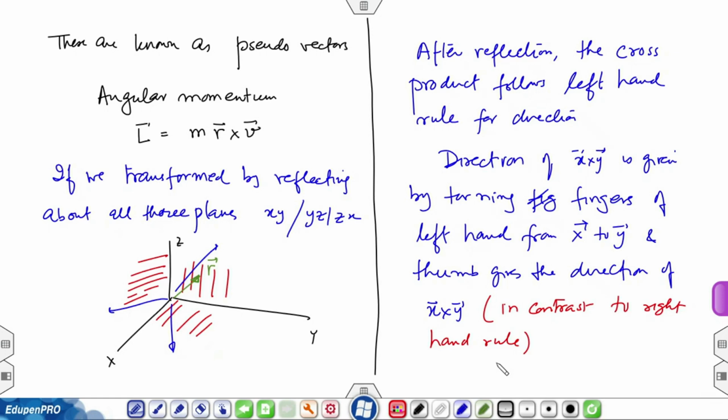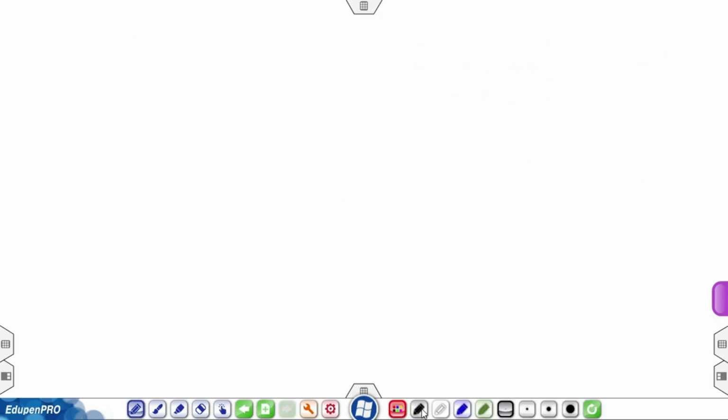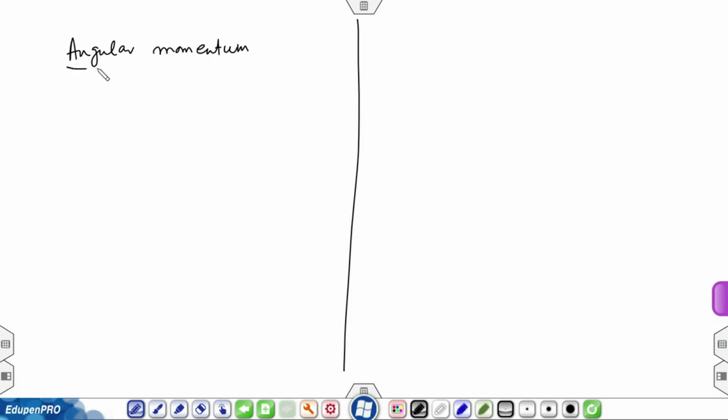So, I have collected everything. Now, let us see what happens in this case. We are talking about angular momentum, L equals m r cross v.